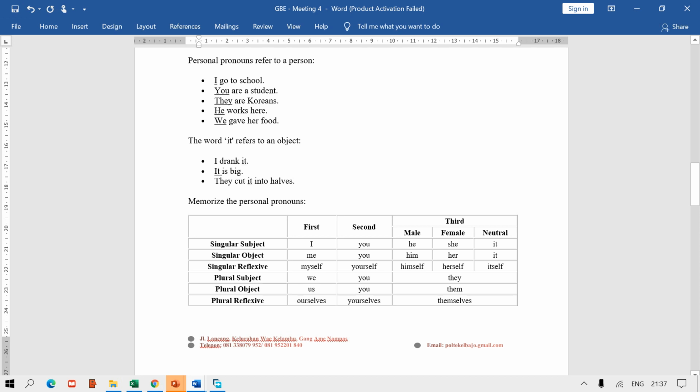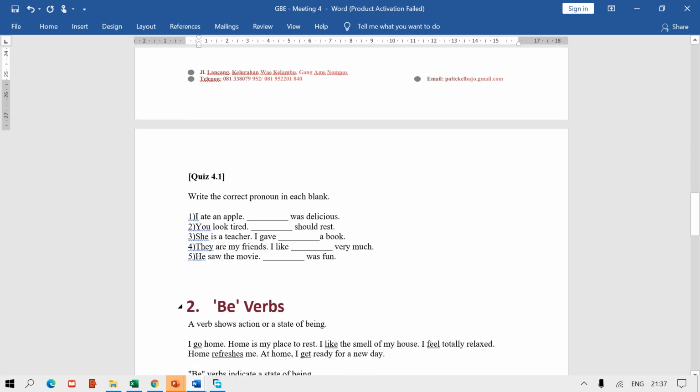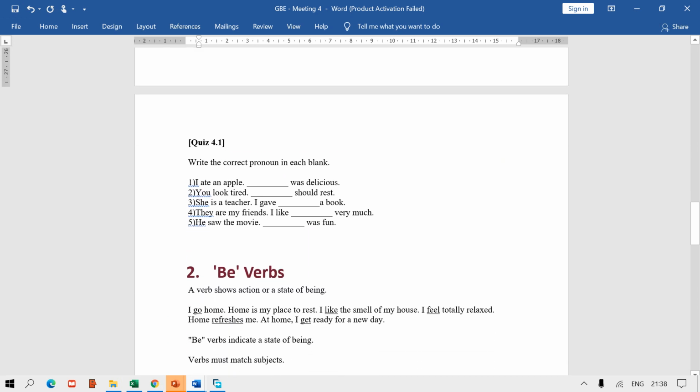Singular: I, me, myself; we, us, ourselves. Second person: you, yourself; you, yourselves. Third person: he, she, or it; him, her, it; himself, herself, itself. They, them, themselves for the plural. This was shortly about the pronouns, kata ganti diri.